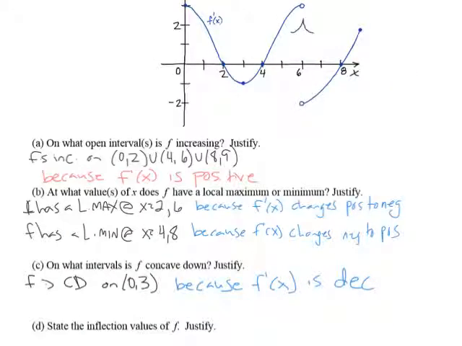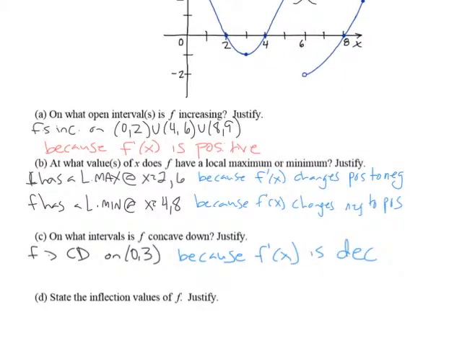Alright, we only have one area where the function is concave down. It's from 0 to 3, and that's because the function is decreasing there. They want us to find the points of inflection, and we know that points of inflection occur where the function changes from concave down to concave up.